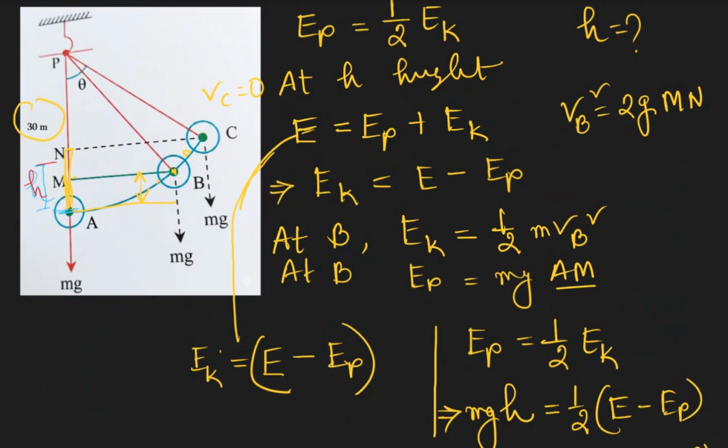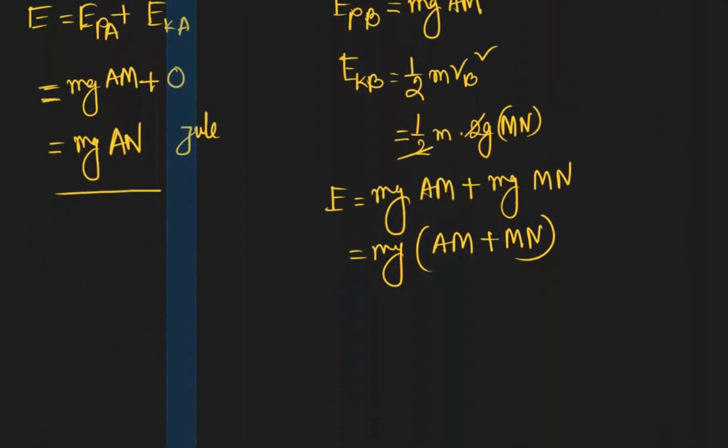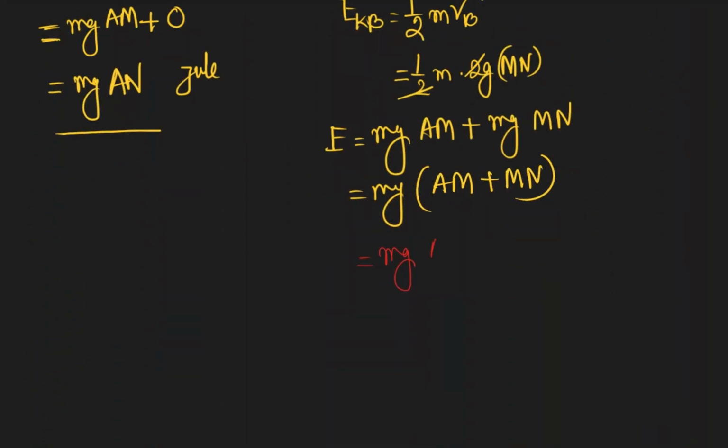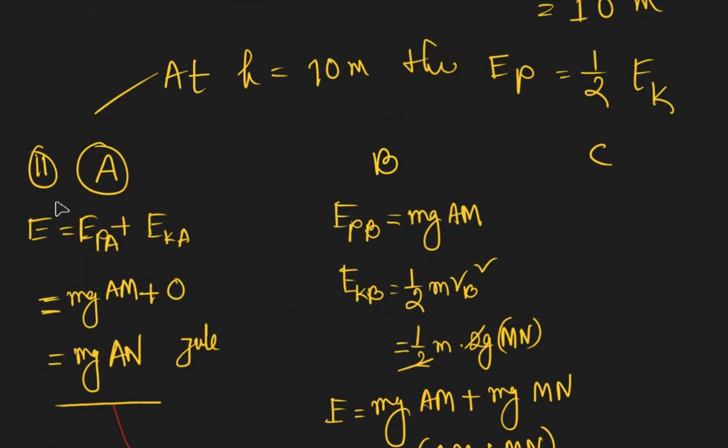Let's use the red pen. So here up to this much is AM, and up to this much is MN. Altogether we could write down AN, right? So here we could write down mg AN, same as for point C, point A actually.